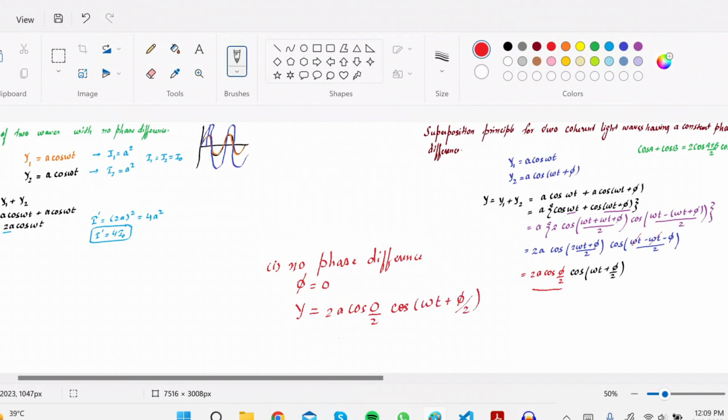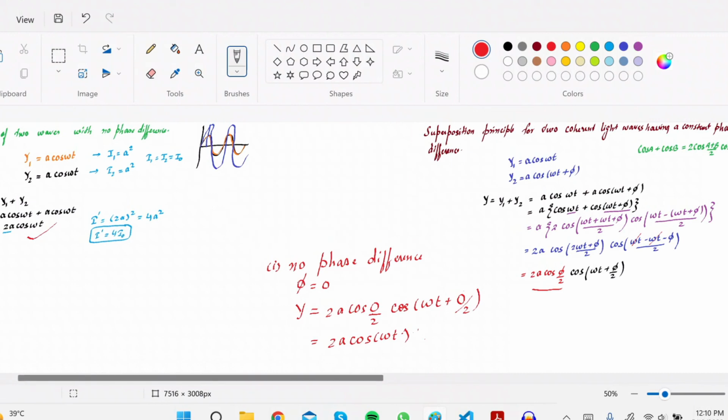What is cos 0? Cos 0 is 1. So that will be 2a cos (omega t plus phi by 2). Now what's phi here? Phi is 0. So 0 divided by 2 is 0. So let's remove this part, and here we are left with 2a cos omega t, which is verified over here.